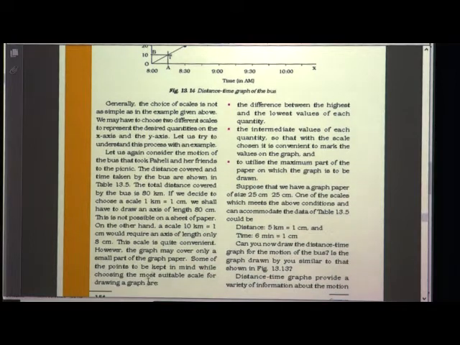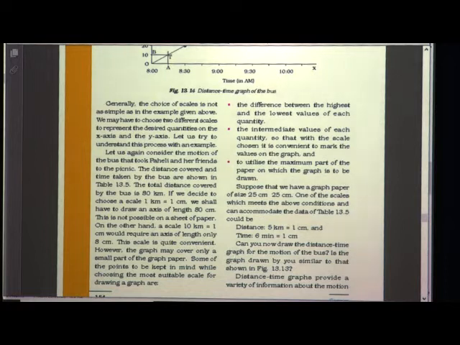However, the graph may cover only a small part of the graph paper. Some of the points to be kept in mind while choosing the most suitable scale for drawing a graph are as follows.